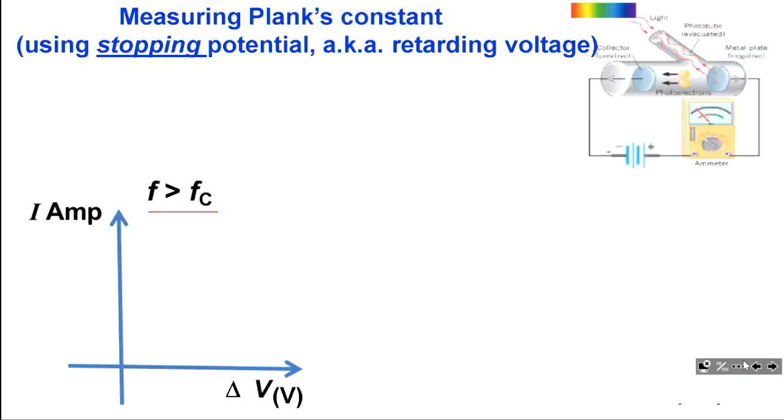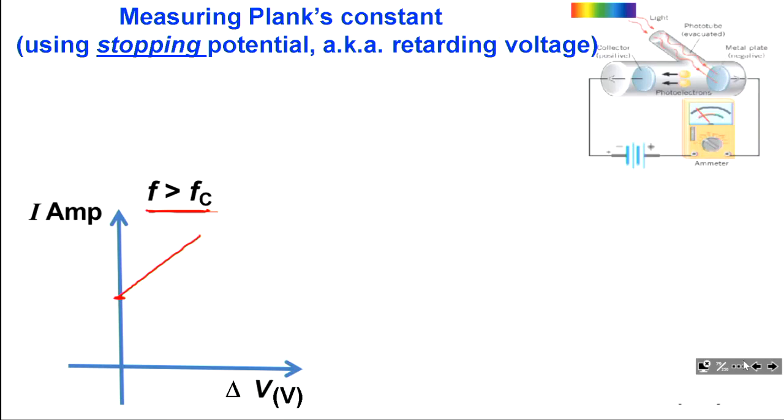Now, where else? That was a stopping potential. Right, so when we don't apply any potential and the frequency is above the critical, we should observe some current. If we apply more, we speed it up. That's not interesting.